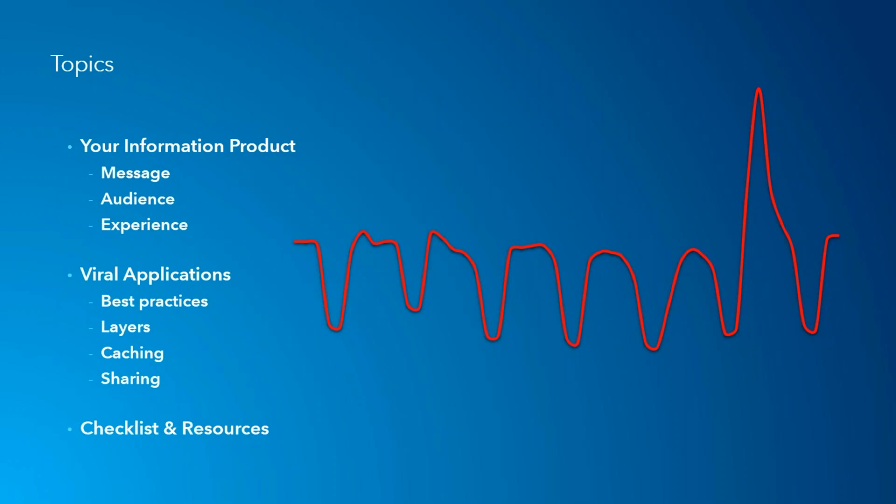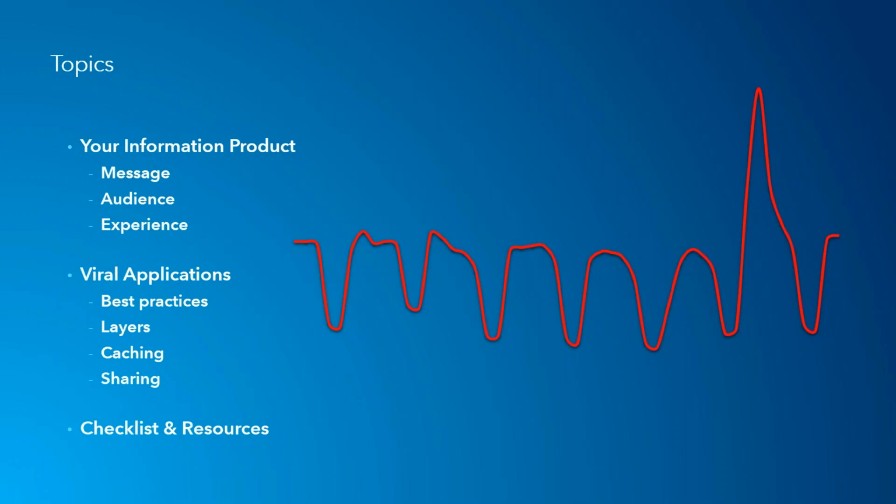What happened? We're going to talk about a couple of things. One is your information product itself: what you're putting out there, the message, the audience, and the experience. Then Kelly's going to pick up and talk about best practices around viral applications.